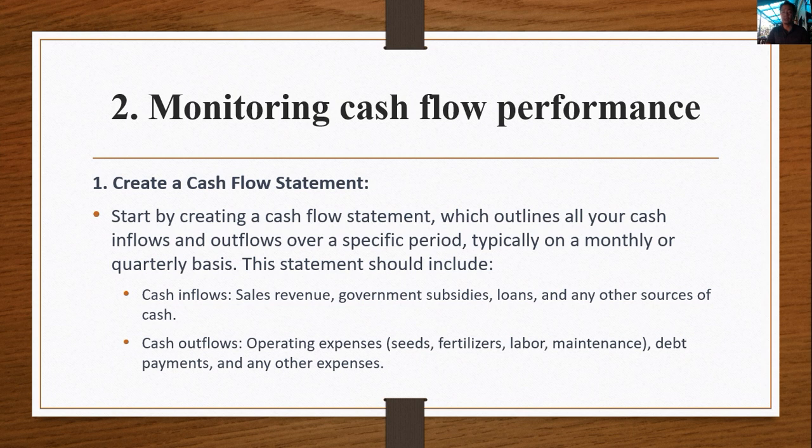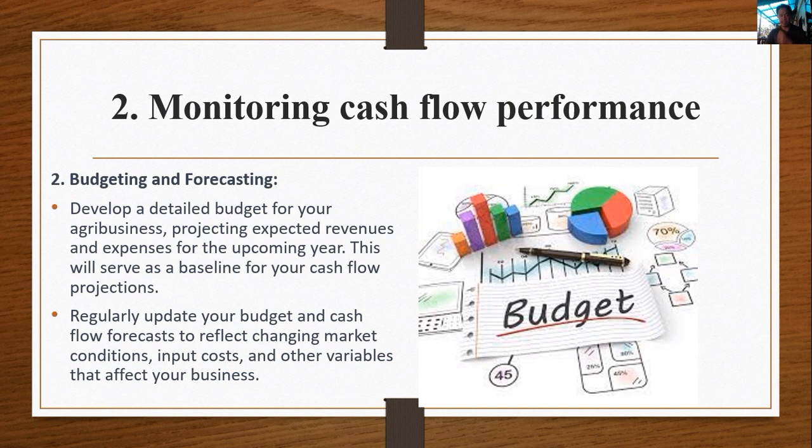While your cash outflow, as we discussed earlier, are your operating expenses like seeds, fertilizers, labor, your maintenance, your debt payment, and any other expenses that make your money go out from your operation. Okay. Next class is budgeting and forecasting.